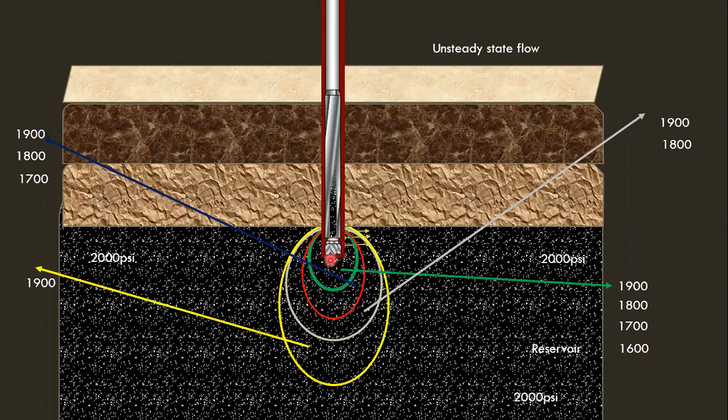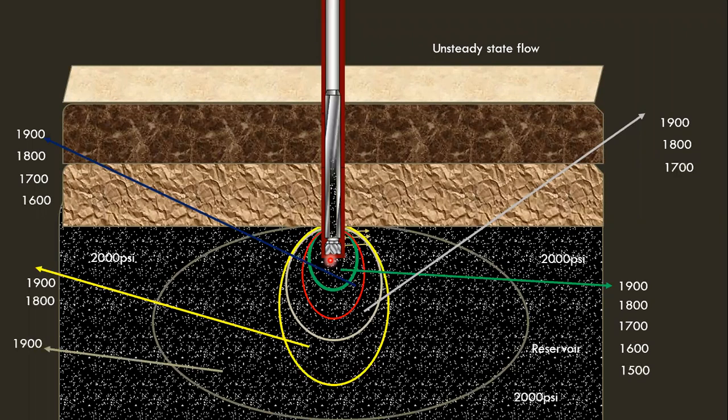So we have a 400 psi difference to make oil move from the reservoir drainage boundary to the wellbore. This is a very good amount of pressure reduction that will help oil move from the drainage boundary to the wellbore.